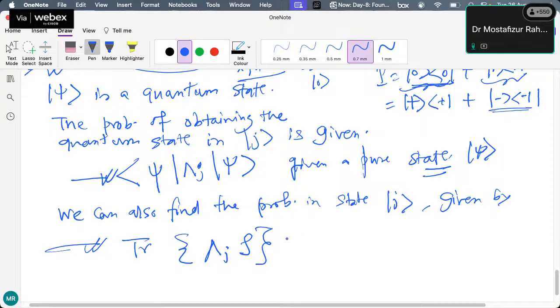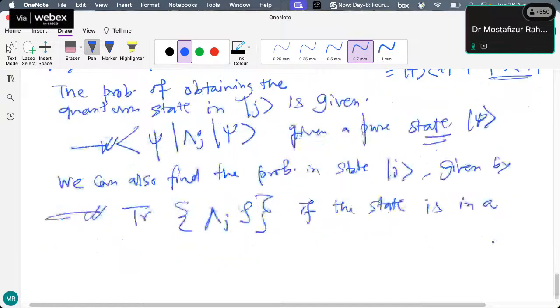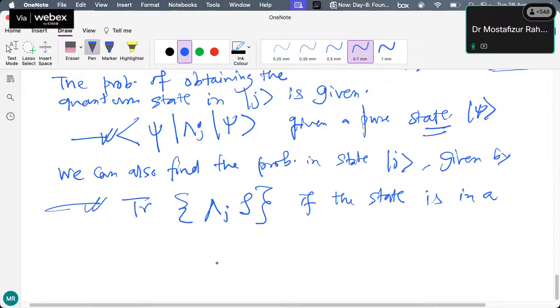This formula is used if the quantum state is in a mixed state described by some density operator rho.